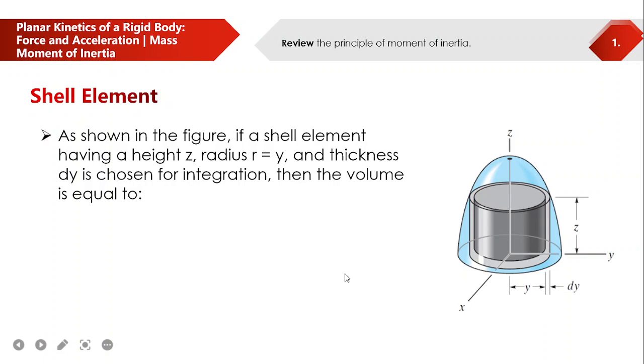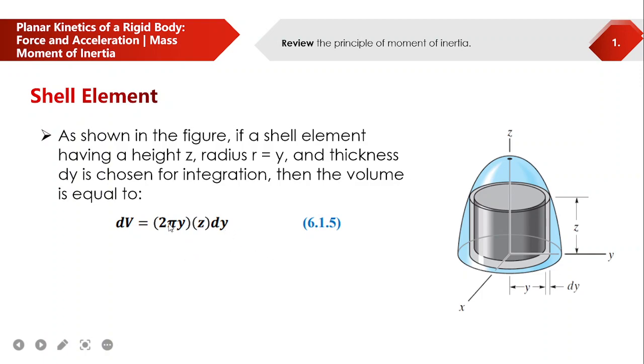So given natin, the height is z, the radius r is equal to y, and the thickness is dy. So the volume now will be equal to the circumference times the height times the thickness, and that's how you compute the volume of the shell element.